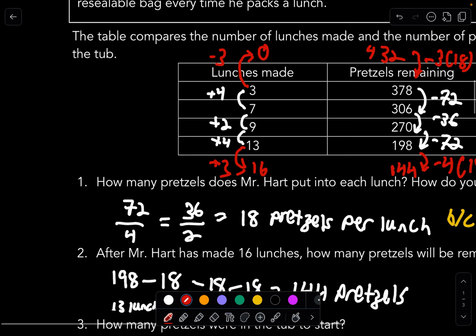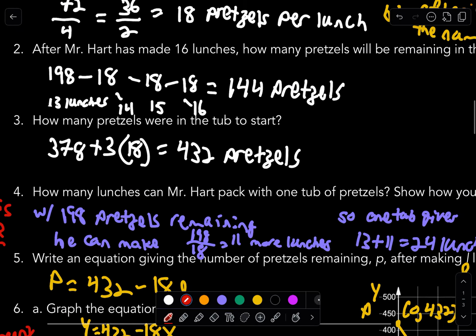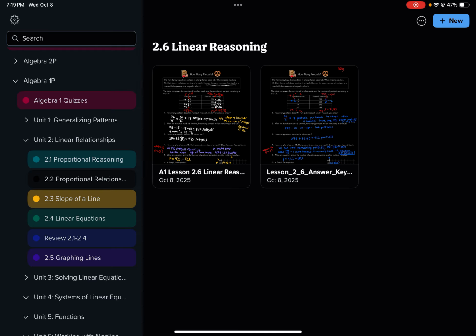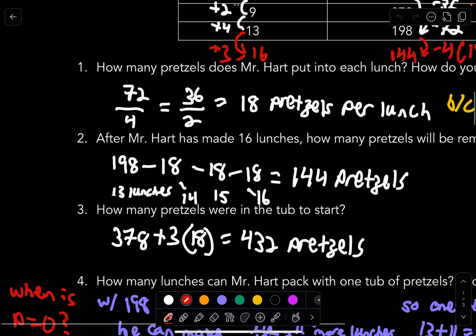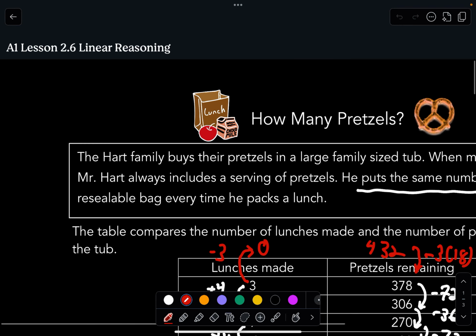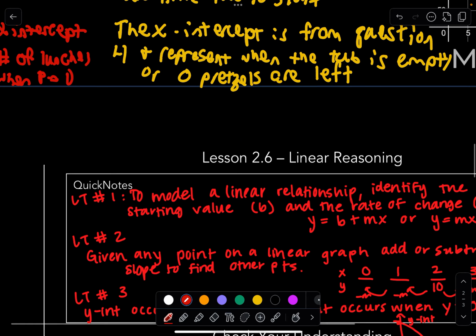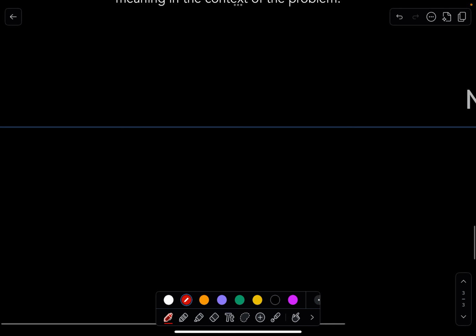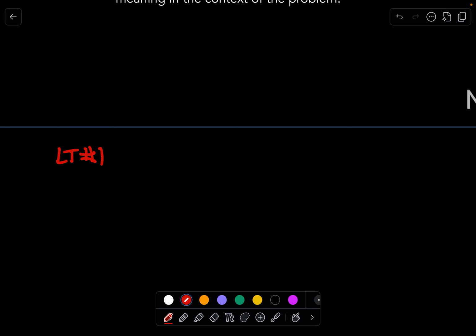That's because this does not have the front page. The 3 learning targets are, where can I put them? Right here. LT number 1 was, write equations that model linear relationships.